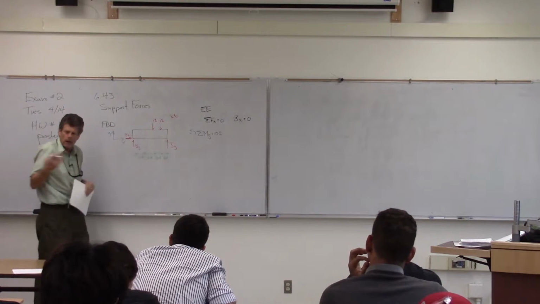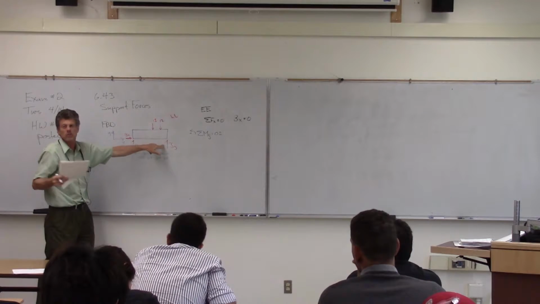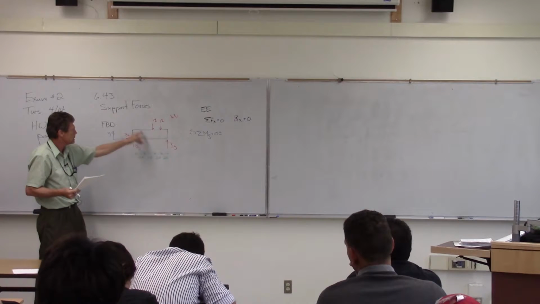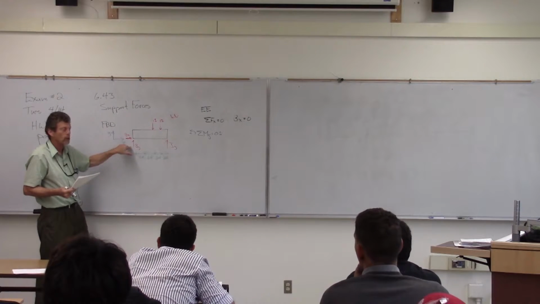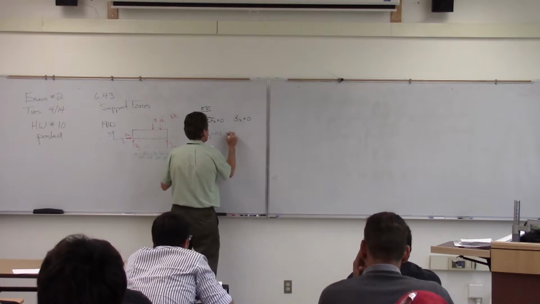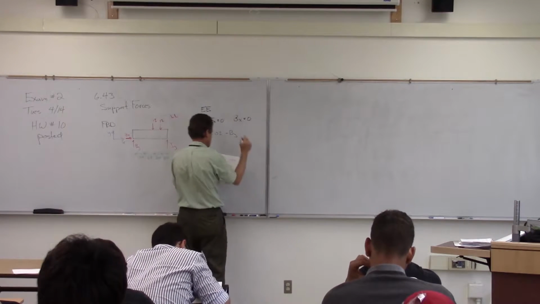Really all I care about is the force at B. I can solve for that and spend some time doing that, which is fine. But if you're doing an EIT exam, solve for the one that's on the body you're going to be looking at, and go from there. So we'll set this one up. I'm going to take my moments at J because I want to look at that particular body.